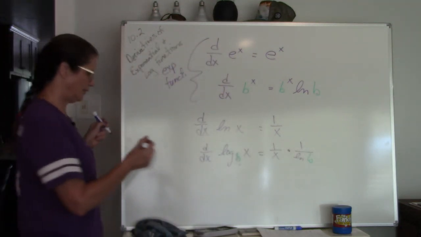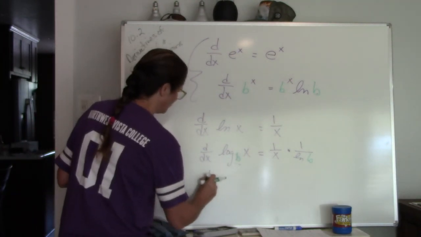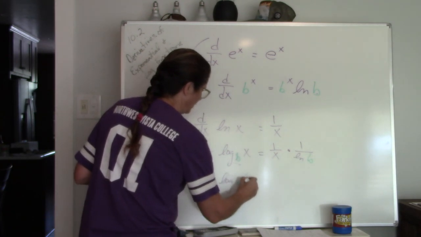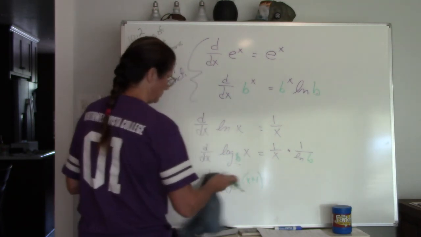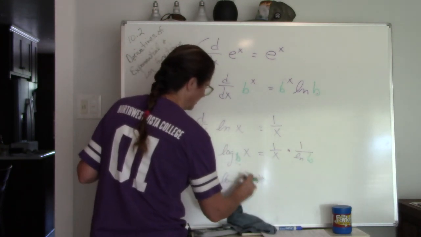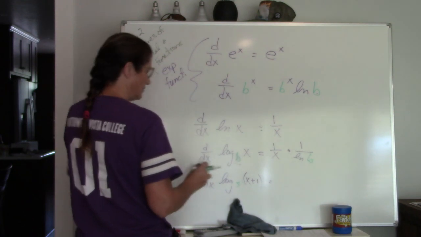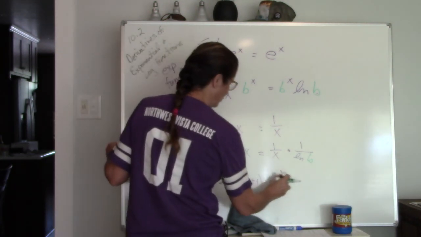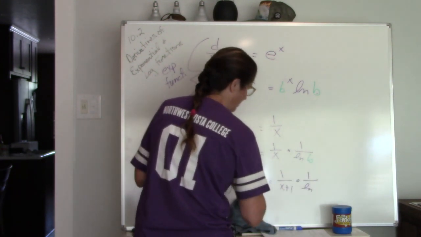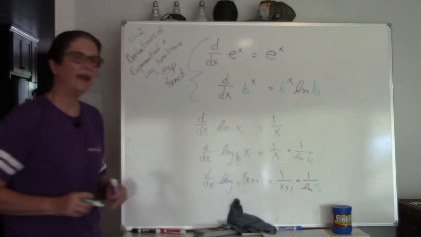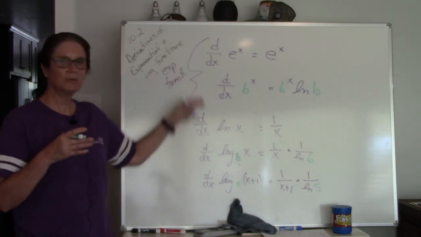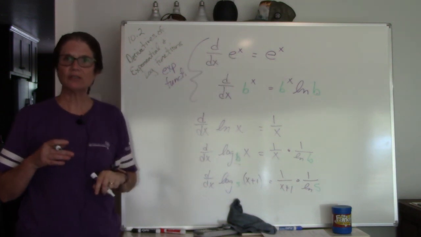As an example, if I asked you to find the derivative of log base 5 of x plus 1, your answer, the derivative, is 1 over x plus 1 times 1 over ln of your base. And that's literally it. All you're doing is plugging in the formula for the derivative for each one of these.